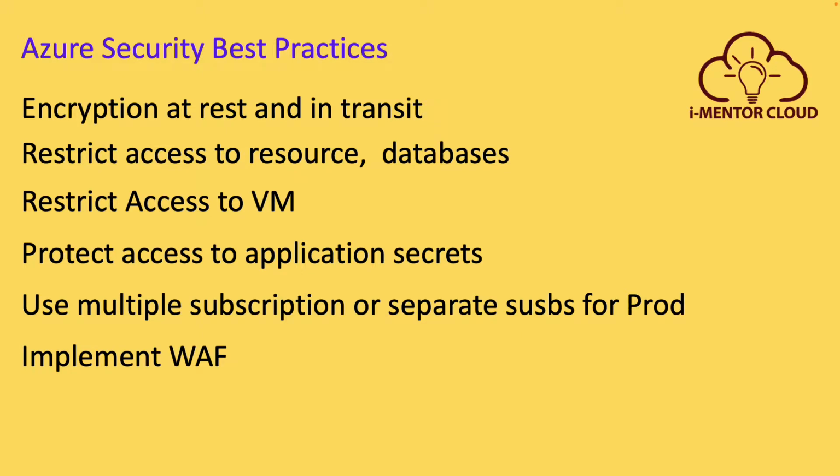Now we have something called web application firewalls. It does a lot of good work. So if you're publishing some application on internet, it can work as an application gateway. It can work as a reverse proxy. It can also protect you basically against web attacks.